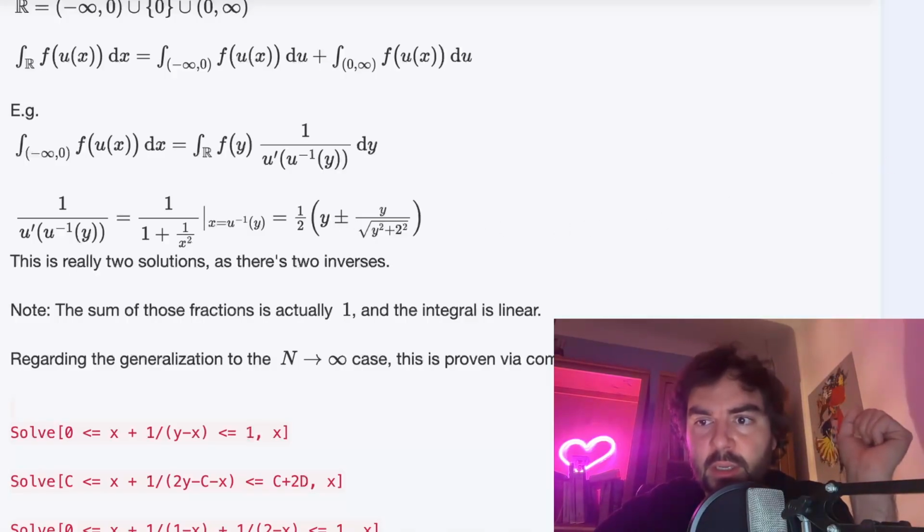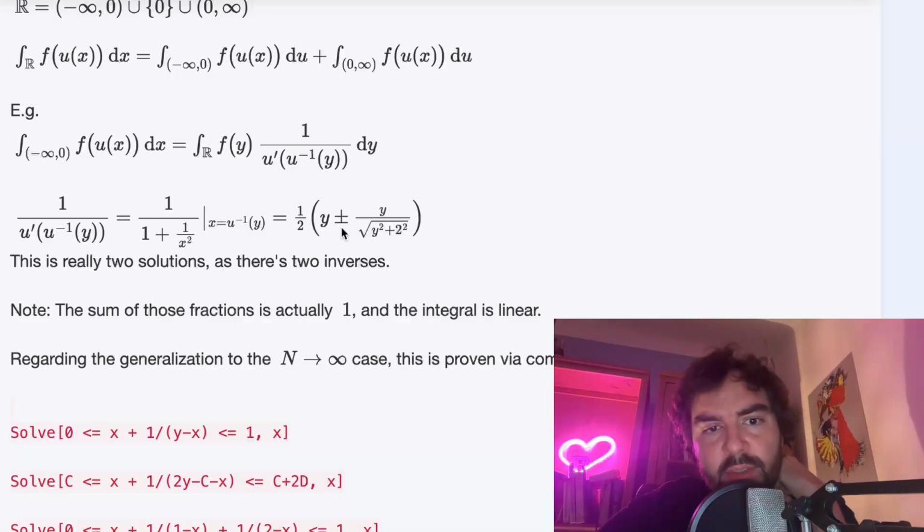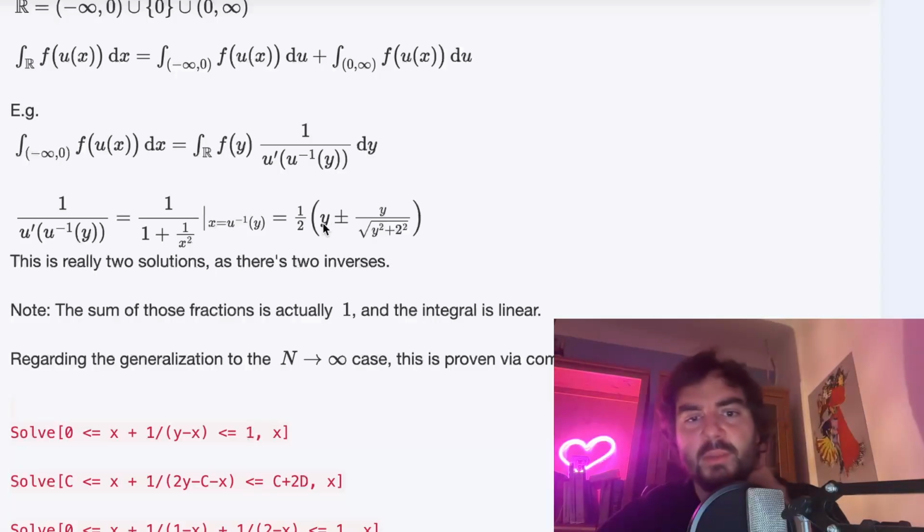Here you see that this should probably be a 1. Yes, I've written y here, but it should be a 1.